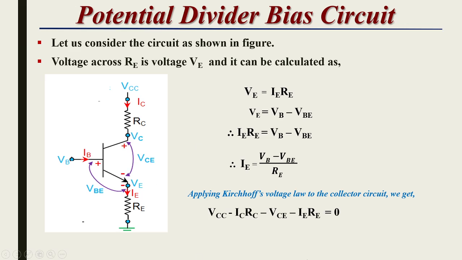This is the algebraic sum of the potential rise and potential drop around a closed loop being equal to 0. After rearranging, we get VCE equal to VCC minus ICRC minus IERE. In this way, we can calculate the input voltage VB as well as the output voltage VCE, and also the output current IC.